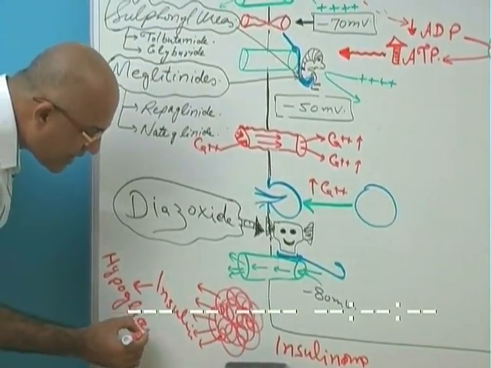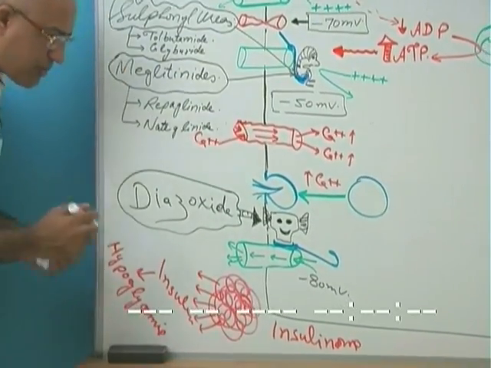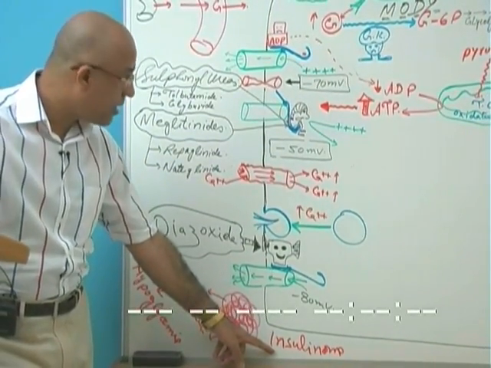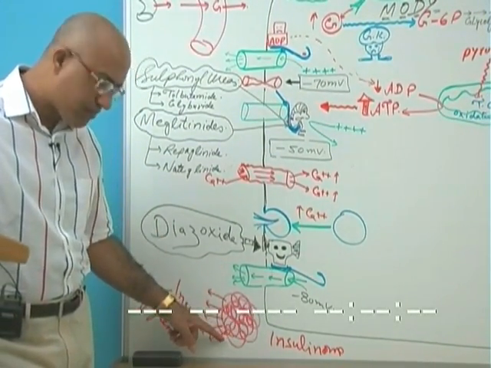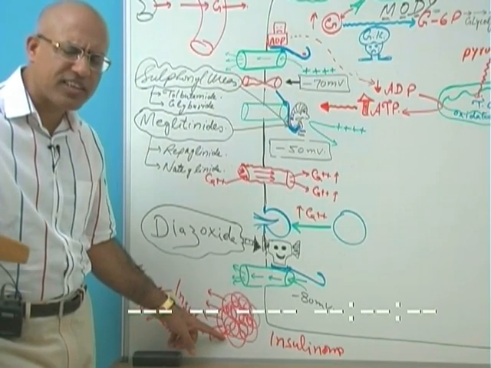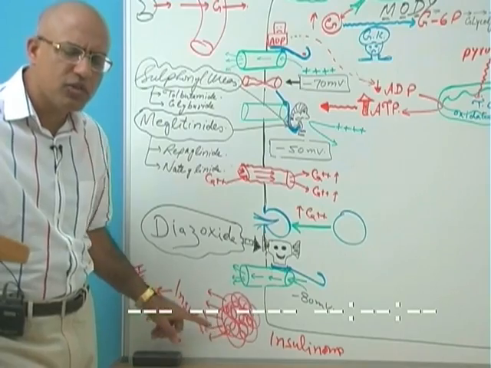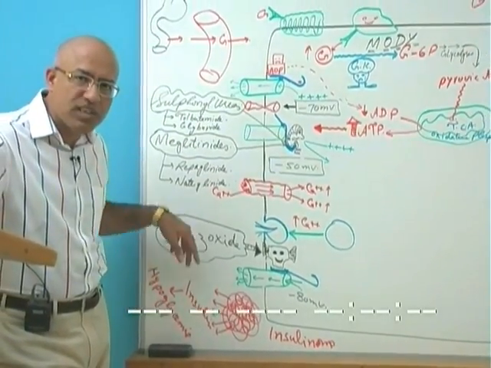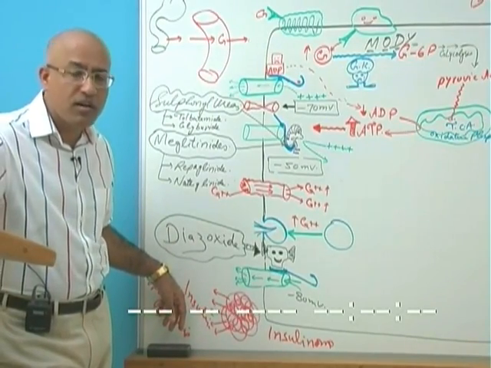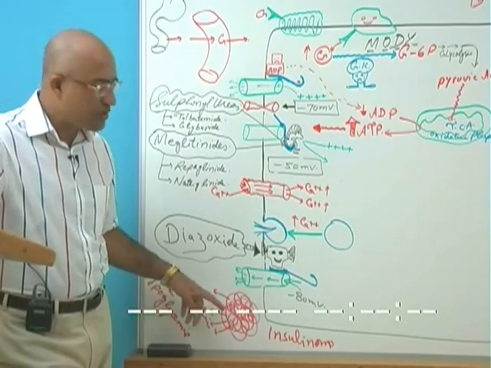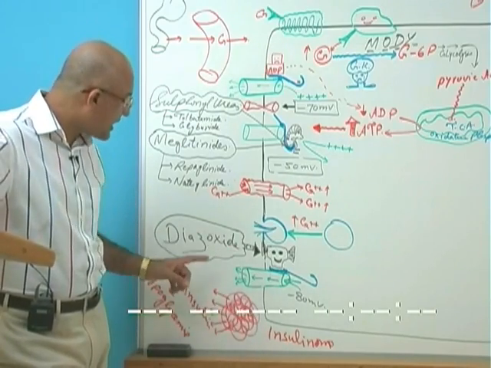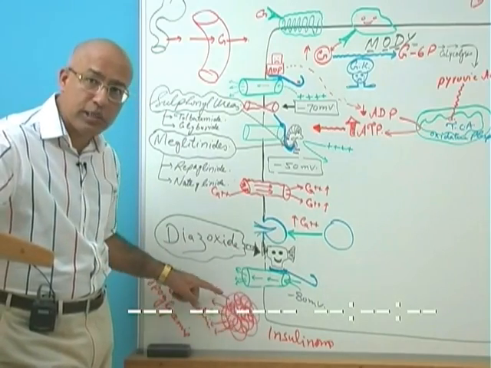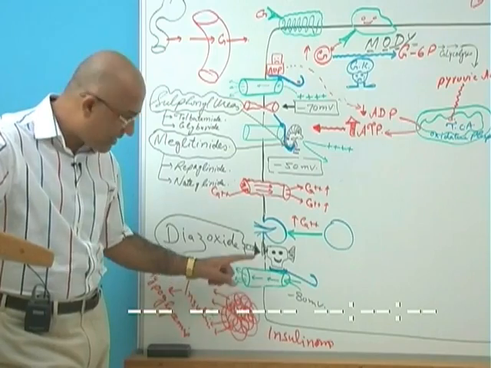hypoglycemia. Again, if you come across a patient who has insulinoma, what will happen? The cells of the insulinoma will secrete an excessive amount of insulin, and this will take the blood glucose level down and produce hypoglycemia. In such a patient, you can give diazoxide, so that it goes and keeps the potassium channels open like this.